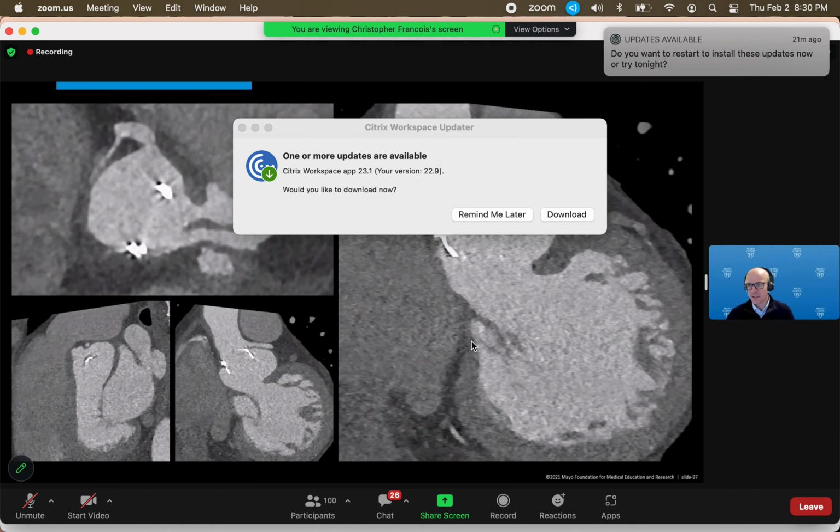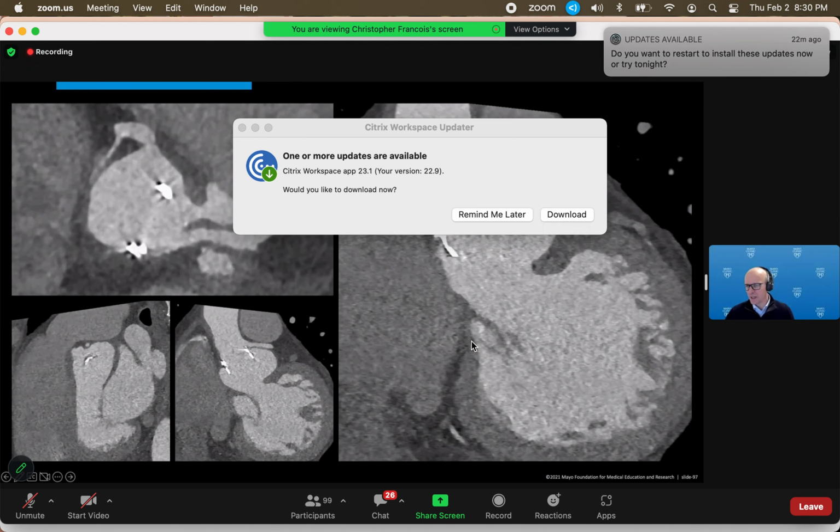This next case is a patient with prior aortic valve replacement, and there is a very large pseudoaneurysm around the aortic valve prosthesis due to endocarditis. It's starting to dehisce here. There's no longer adherence of the prosthesis to the aortic root.